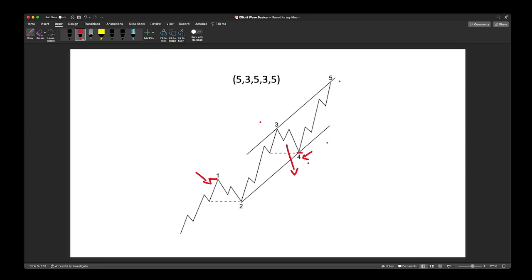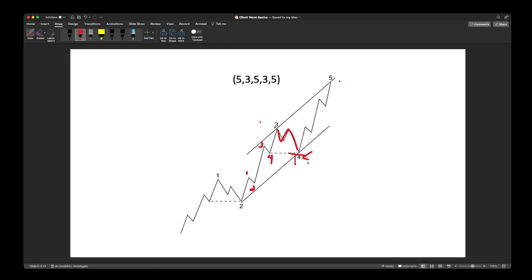There are a lot of rules and guidelines for these patterns, specifically a guideline that waves 2 and 4, these retracements here, tend to stop at the degree prior, the wave prior, at a lower degree of wave 4. So if you note, there's 1, 2, 3, 4, 5.